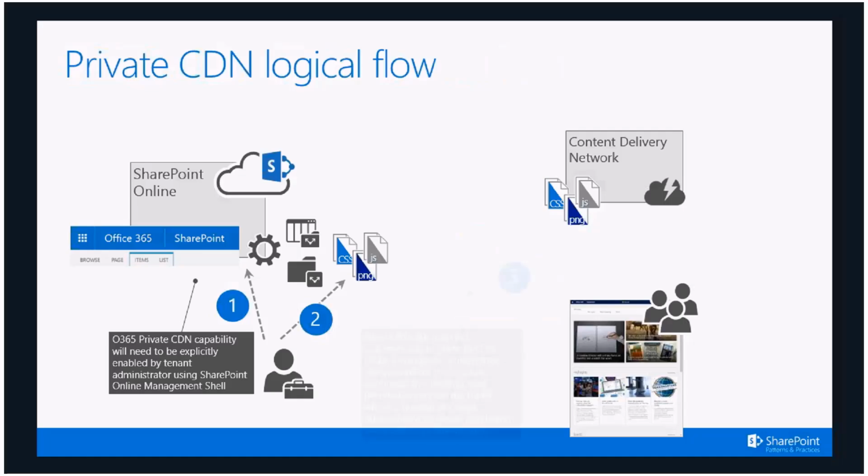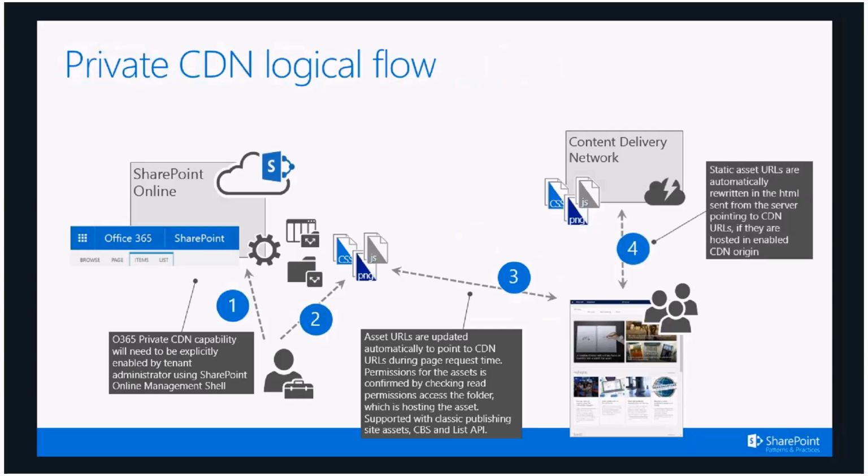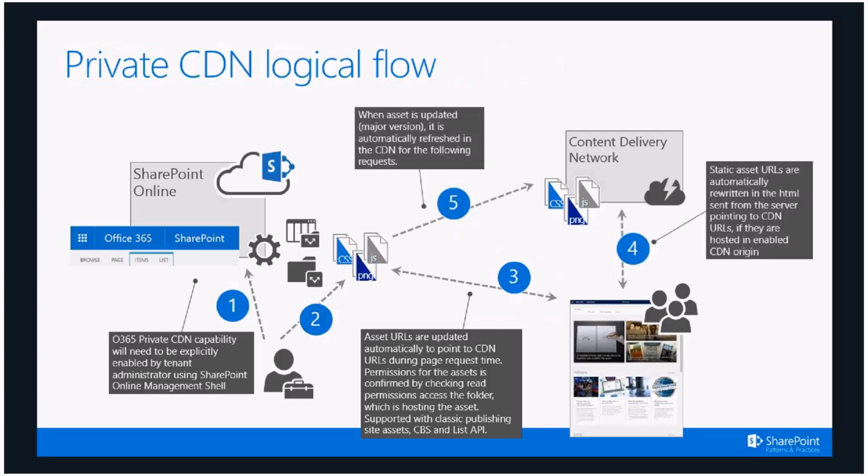What's going to happen is that when the browsers are requesting that page, that image is automatically rewritten to be coming from CDN. And that will then make the performance of even the content more efficient.